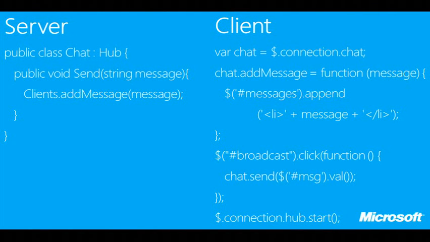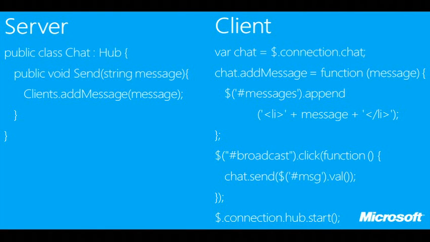Then we actually implement that addMessage method. So we could see there was clients.addMessage. That's clients as dynamic, so that you can dot anything on that. But you have to make sure that whatever you write over there is implemented in JavaScript. So we just say chat.addMessage is a function. What that function does is just appending the message to a list of messages.